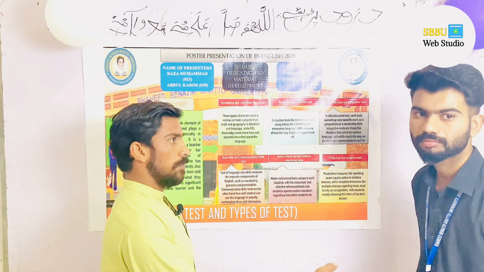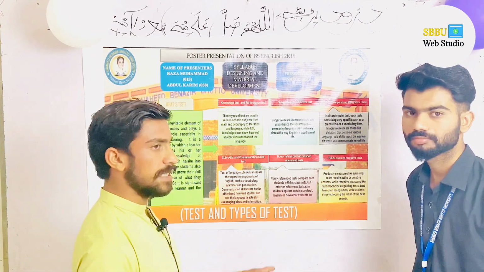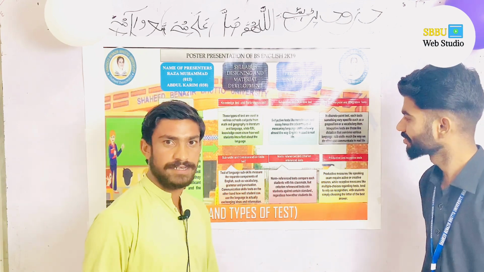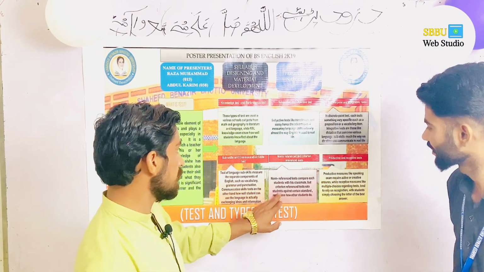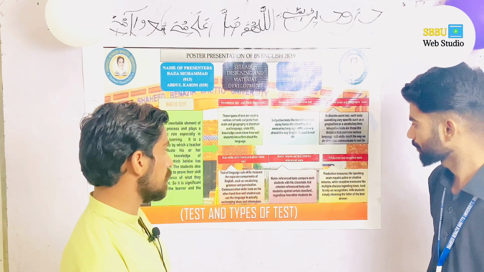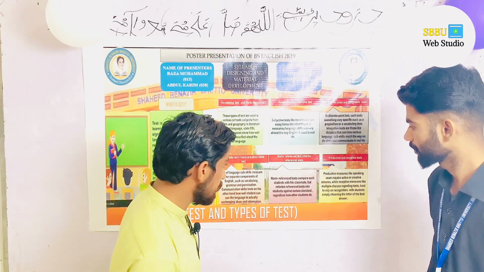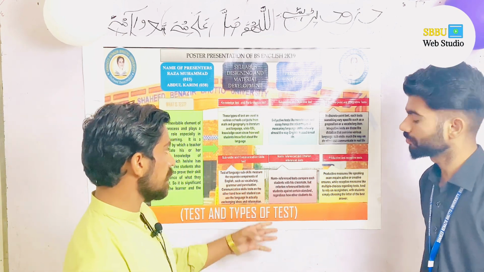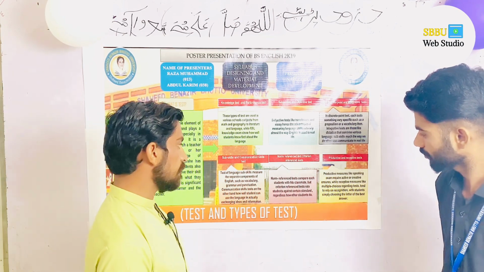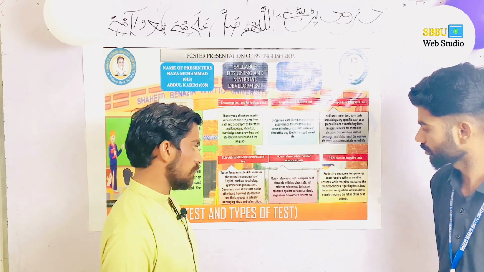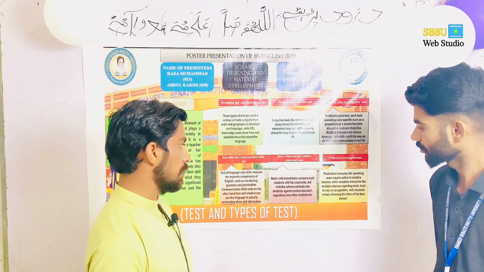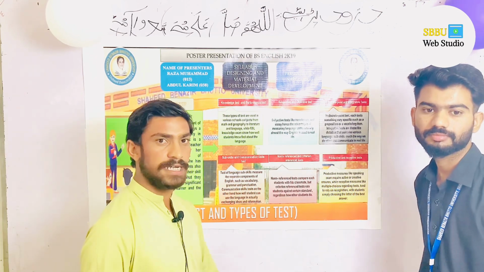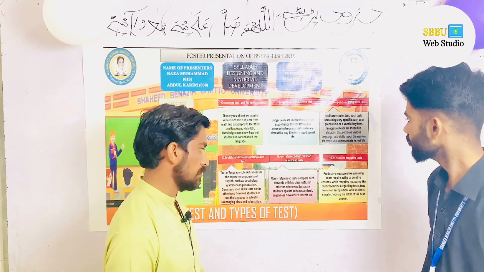Just like me and my friend give the test on each topic, the teacher will see how much knowledge he gets and how much I get. But a criterion-referenced test rates students against a certain standard regardless of how the other students do. For example, my department is English, and the teacher will take the test from another department, just like chemistry.